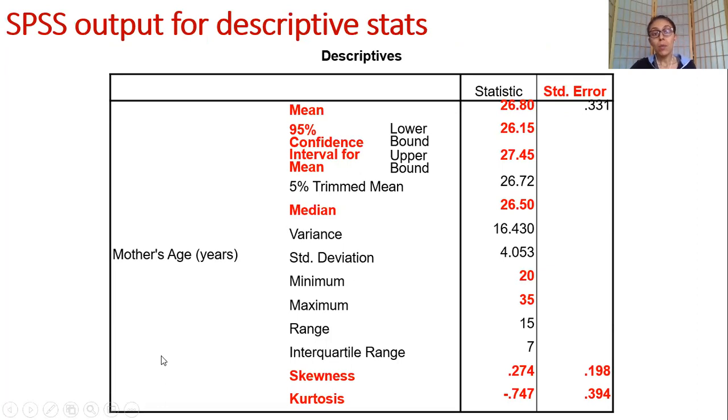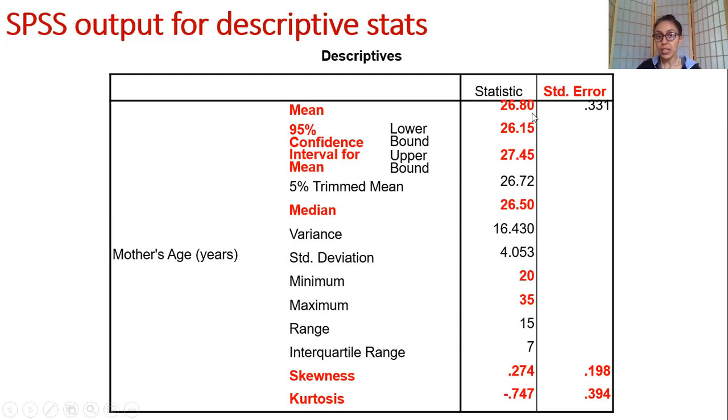Okay, so now I have taken a mock dataset example, and I have taken multiple dataset examples because regression is a technique which I use in almost all of my papers. Okay, so I have multiple examples from various data sets. This is just an SPSS output for descriptive purposes, reporting mother's age in years. You have the mean mother's age, on an average, mothers in this sample are 26.80 years old.